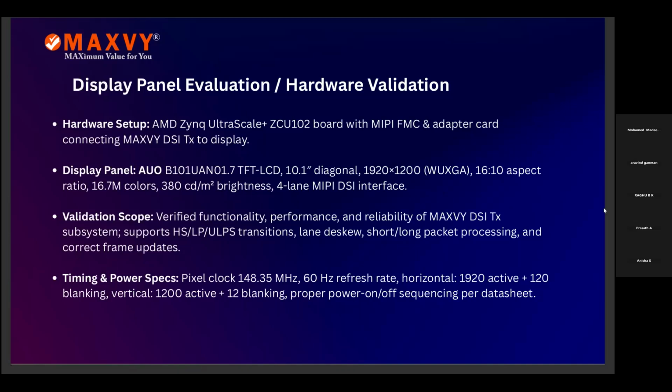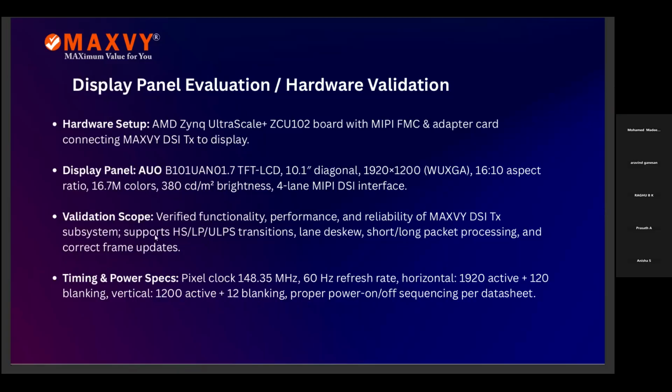The system can operate at a 148.2 MHz pixel clock as well as a 60 Hz refresh rate, with horizontal and vertical timing of 1920 active plus 120 blanking, and 1200 active plus 12 blanking.